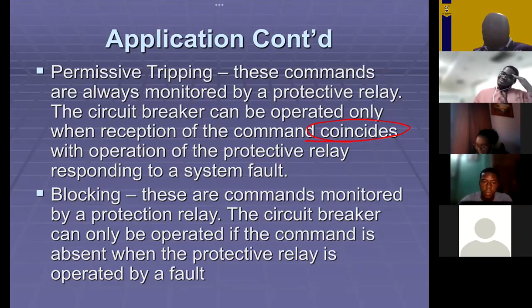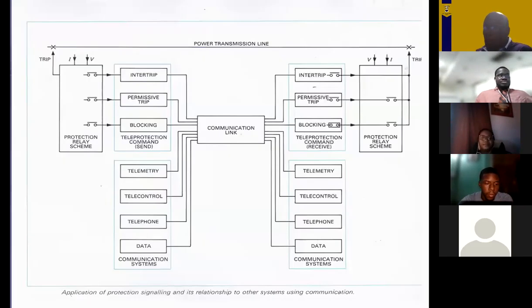All right, so what I'm going to do now is just look at a diagram showing what is happening at either end, at each substation, and the communication in between. So we have here station 1, station 2.